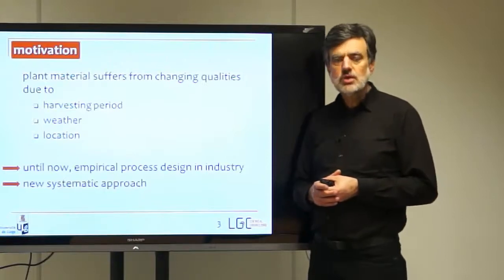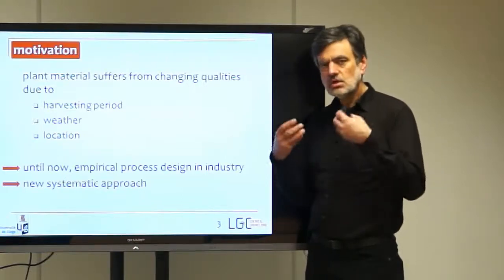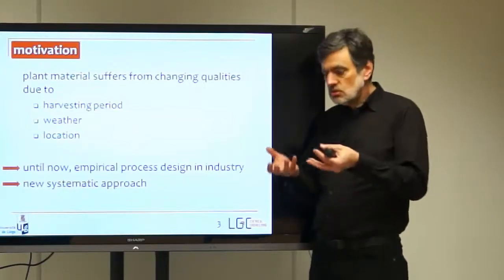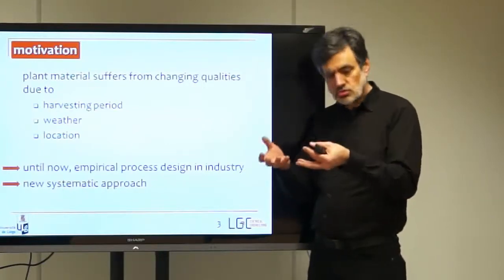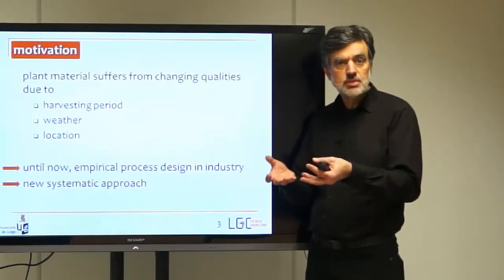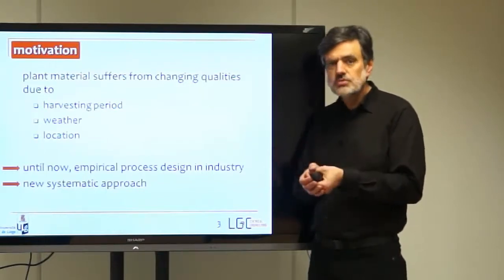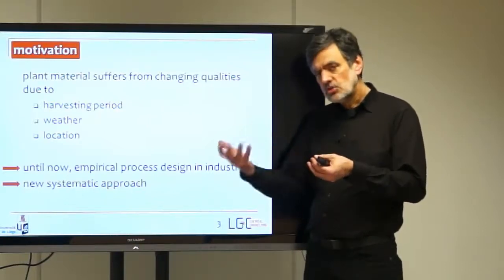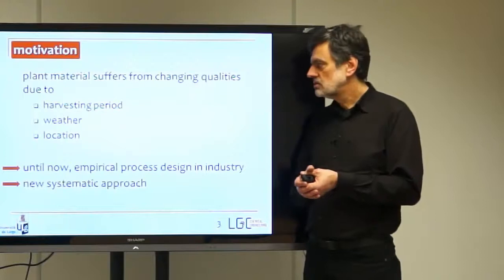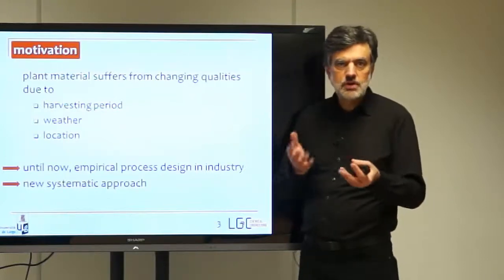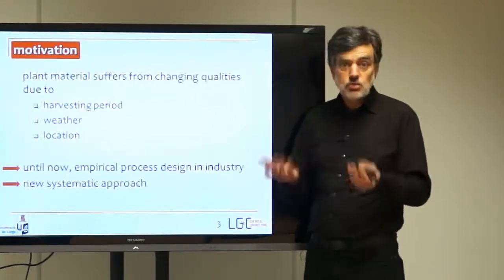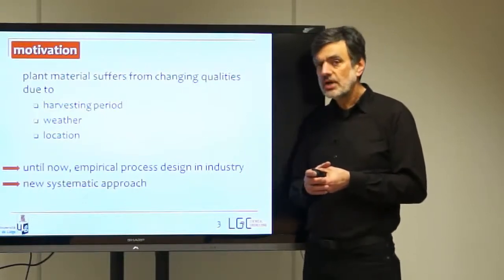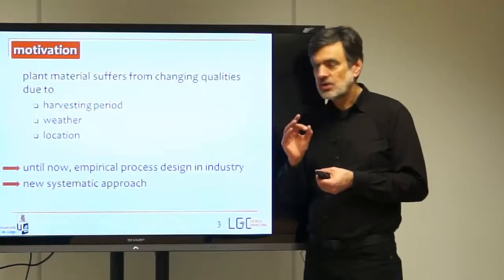So in the end you would like to have a method to characterize your plant material as you receive it and use that in order to do some experiment, for example, some simple experiment, and deduce from this simple experiment the parameters of the process at which you want to run it under optimal conditions. So solvent to solids ratio, for example, the duration of the extraction, you would like to optimize these things based on a simple experiment.